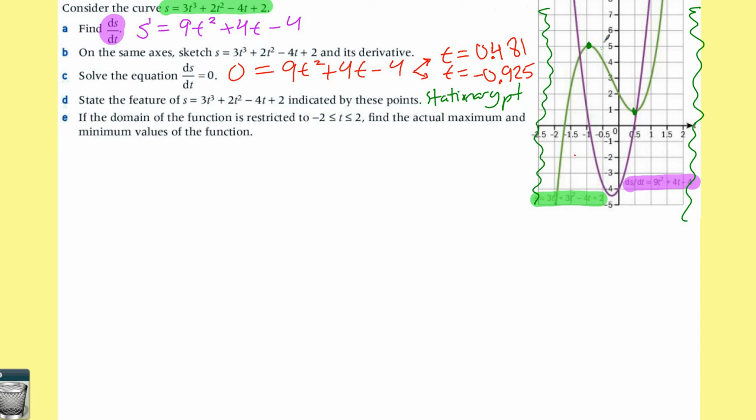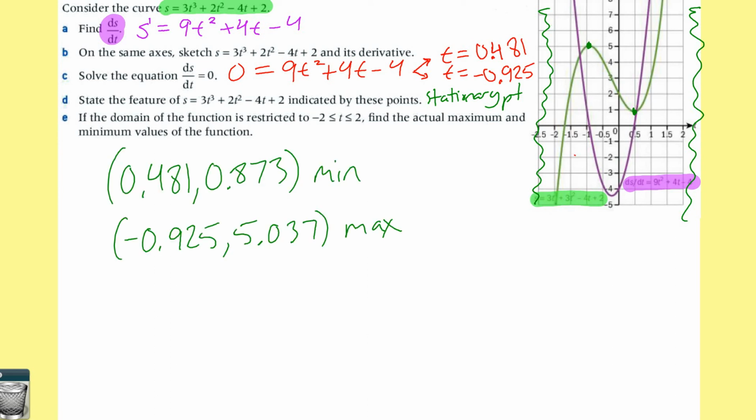We just found the x values, so how do we get the y values? We plug them in. We can plug them into our original function, but since we've already got it graphed, I would just trace it and find what the y value is at 0.481.